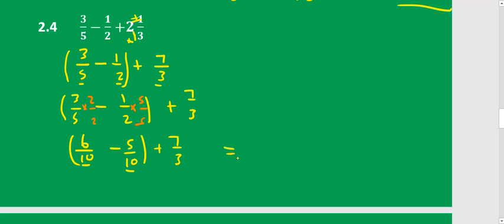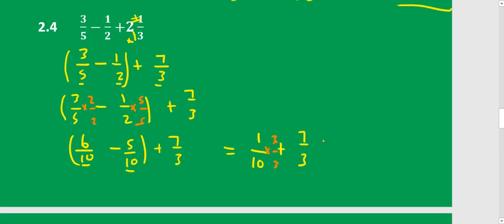So now we can simplify. 6 minus 5 is 1 over 10, plus of course that's 7 over 3. And then we apply the same method. We want the denominators to be the same, so we multiply this fraction by the other fraction's denominator, which is 3.